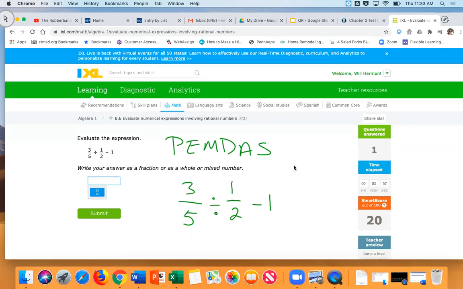Divide. So when I divide that 3/5 by 1/2, I need to, as Allie said, multiply by the reciprocal. So Mike, what is 3/5 times 2/1? 6/5.